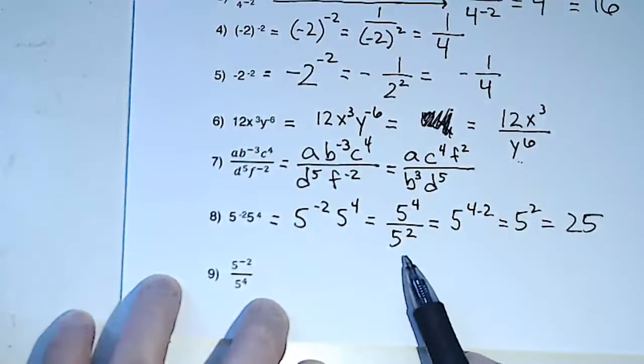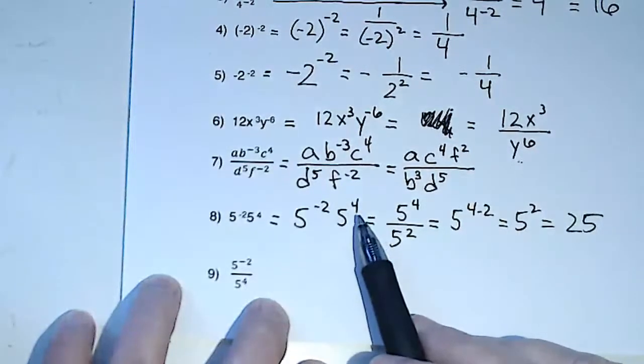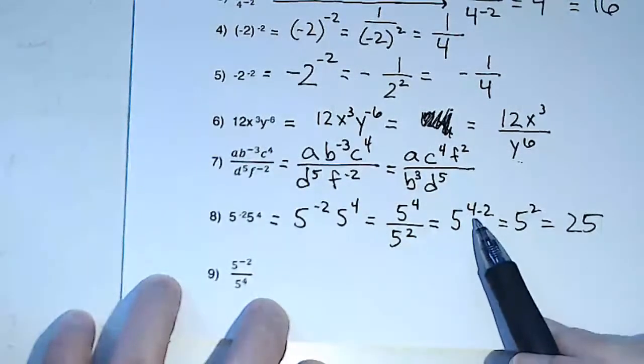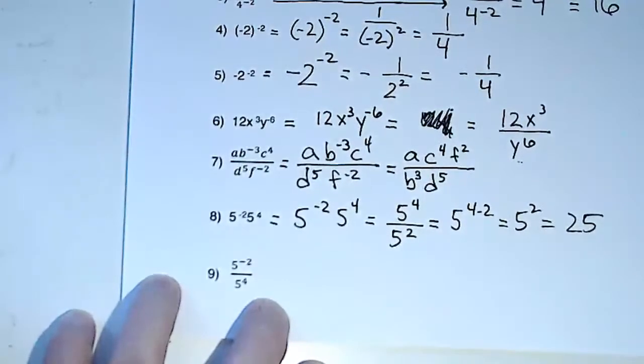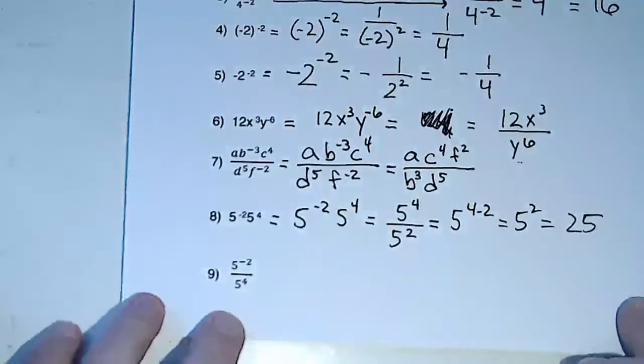And one of the things that really works nicely is that if I had multiplied these, I would have added the exponents. -2 plus 4 is 2. But if I write them this way and then I subtract because it's division, I also get 5 squared. So there is this beautiful completeness to this.